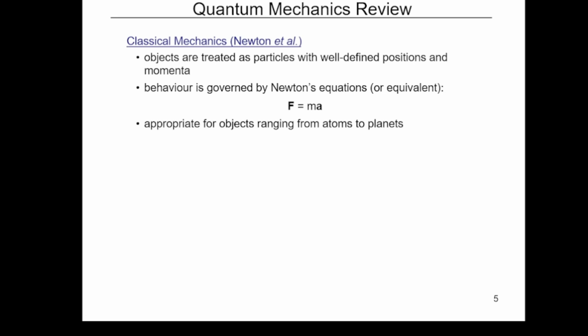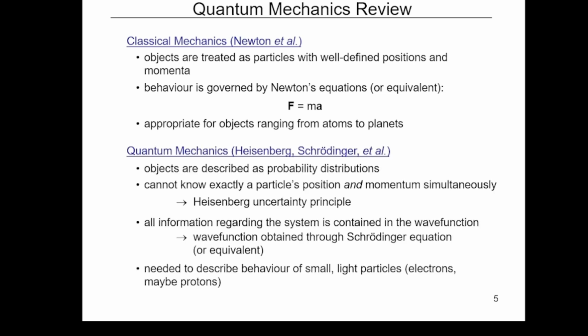So we can talk about a bit of comparison between classical mechanics and quantum mechanics. When we talk about classical mechanics, objects are treated as particles with well-defined positions and momenta, and the behavior is governed by Newton's equation or something equivalent to that.